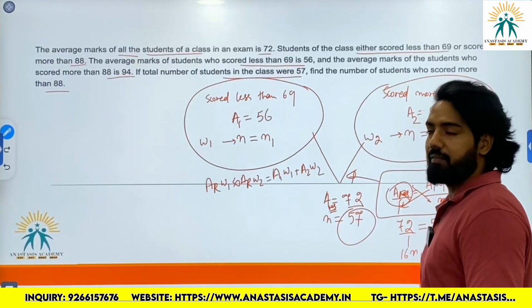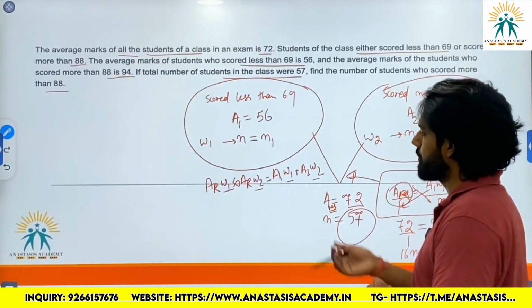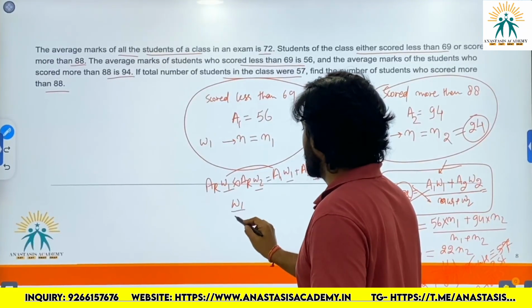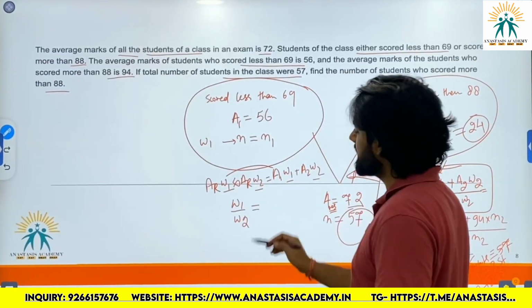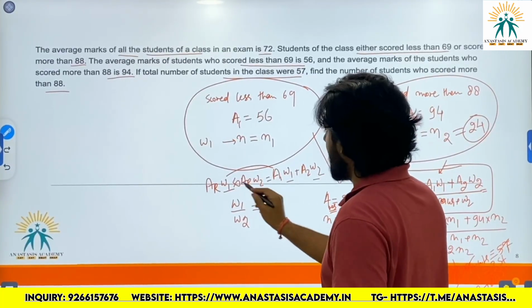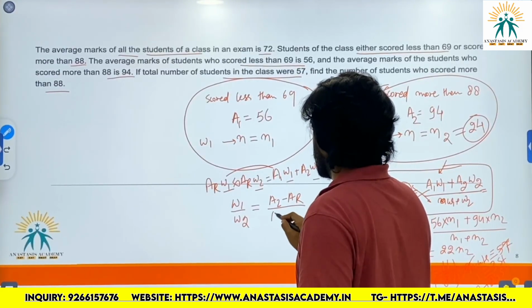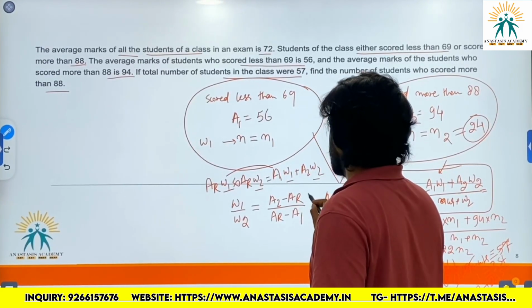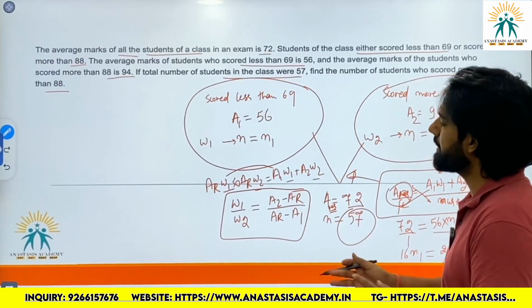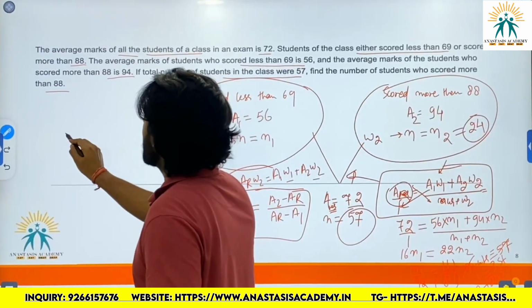Now I want to find the ratio of W1 and W2. So taking A1 W1 to this side and rearranging the terms, I get the ratio of weights as A2 minus AR upon AR minus A1, and this is known as the alligation. By using alligation, I can solve this question in one line.